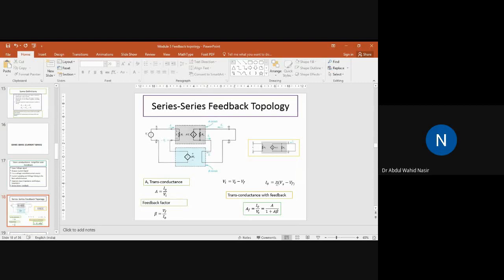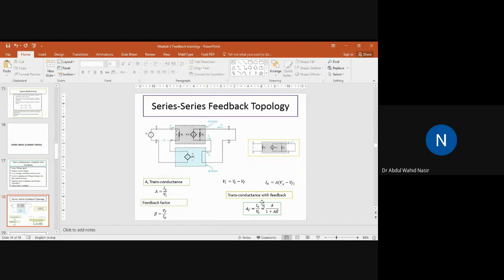Similarly, I naught will be A into Vs minus Vf. Why? Because I naught is equal to A into Vi and Vi is equal to Vs minus Vf. So if we substitute the Vi value, that is Vs minus Vf, in this equation, we'll end up having I naught as A into Vs minus Vf. Clear?